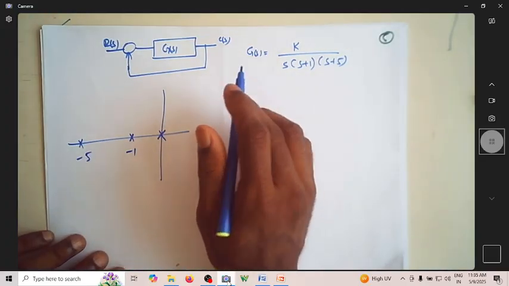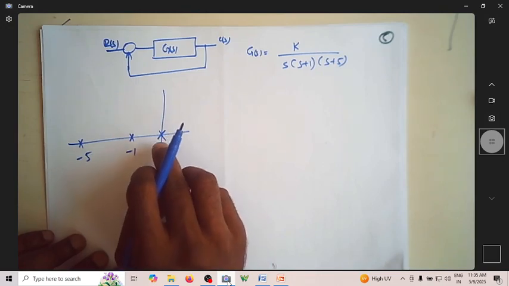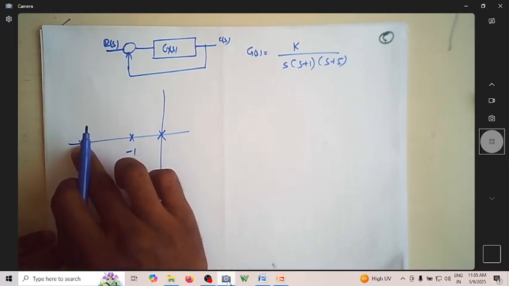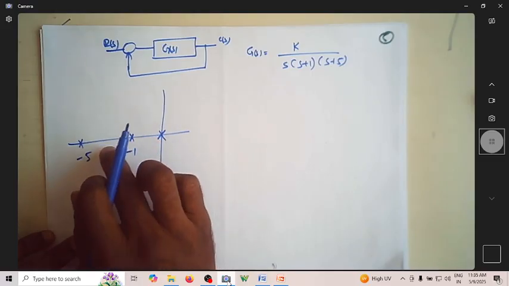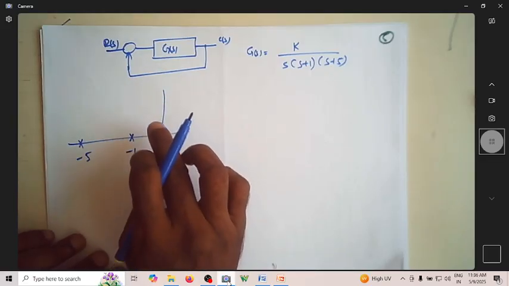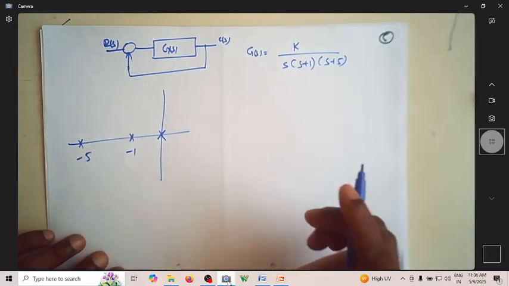We know that loci will start from the open loop pole positions 0, -1, -5. So the starting point is 0, -1, -5. Since there are no zeros, all loci will end at infinity.